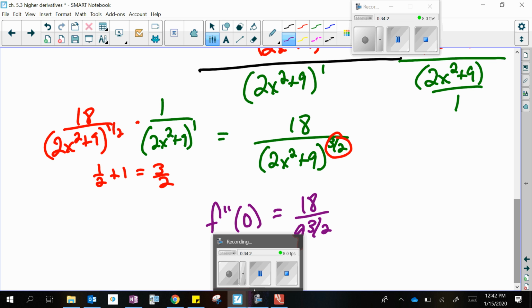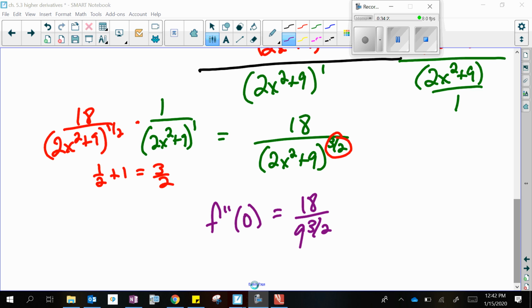27. How'd you get that? You took the square root of it, right? So the 2 on the bottom of this exponent means square root.